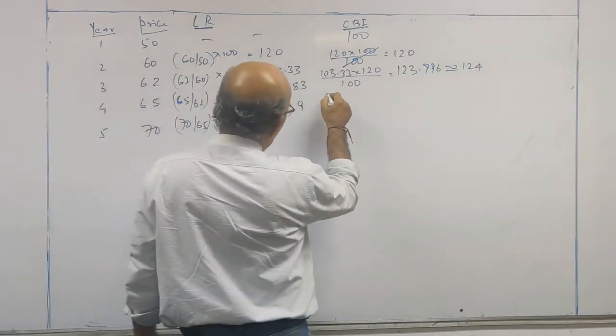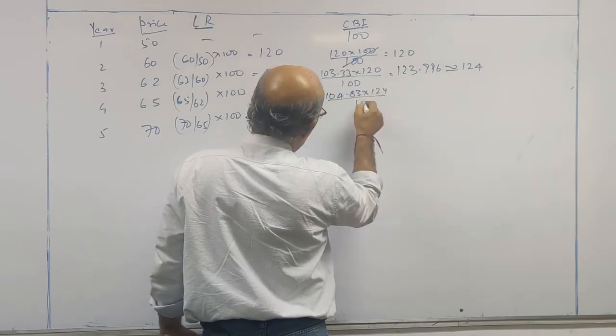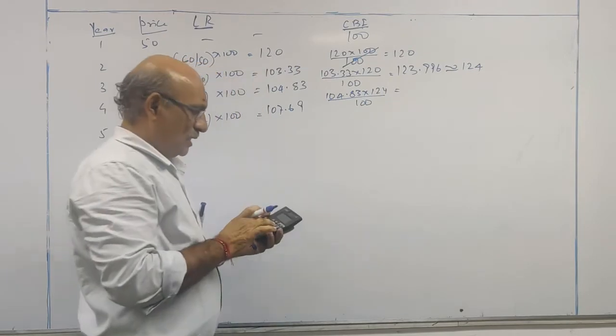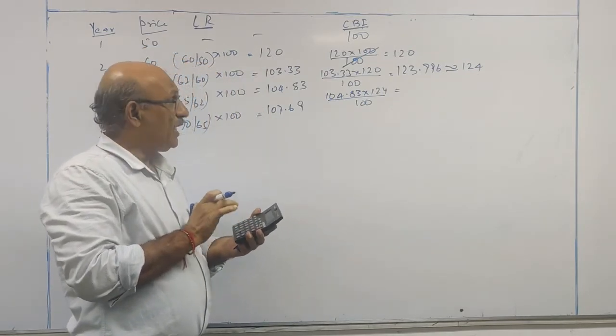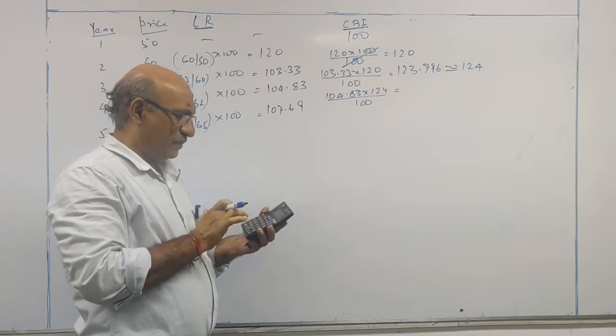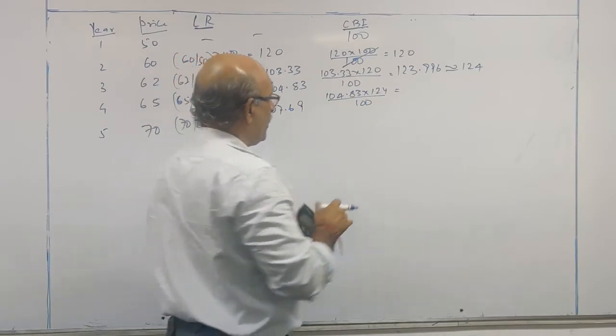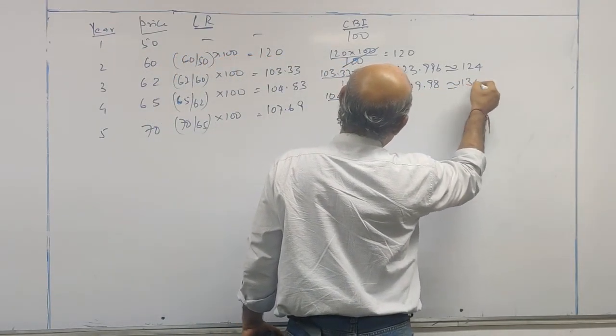Next, 104.83 into 124 divided by 100 is 129.98. You can also approximate this to 130.